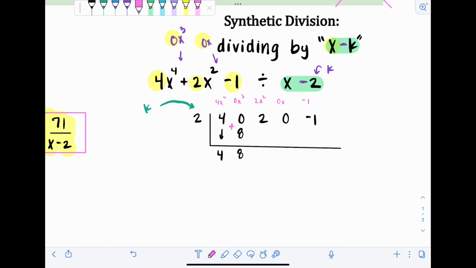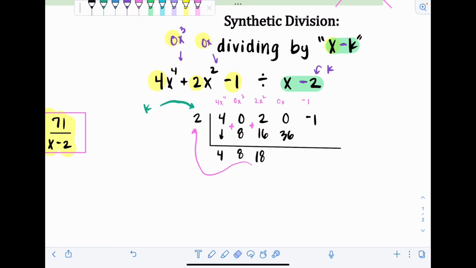And then I take that new number and I multiply it by my k. So I do 8 times 2, which is 16. Put that new number there. And then I'm adding. So 2 plus 16 is 18. And then I'm taking that number and multiplying it by that 2 over there. So 18 times 2, 36.